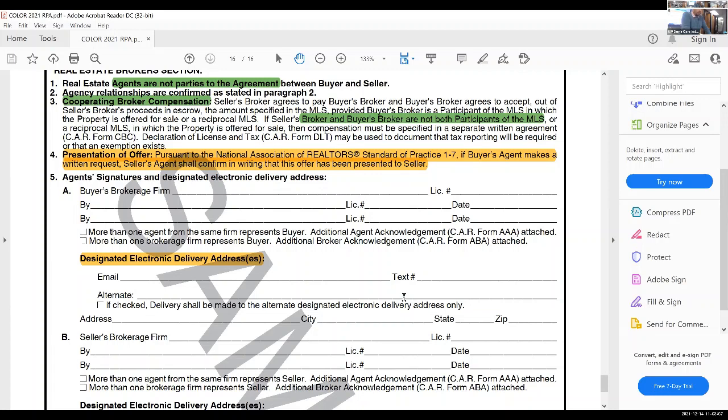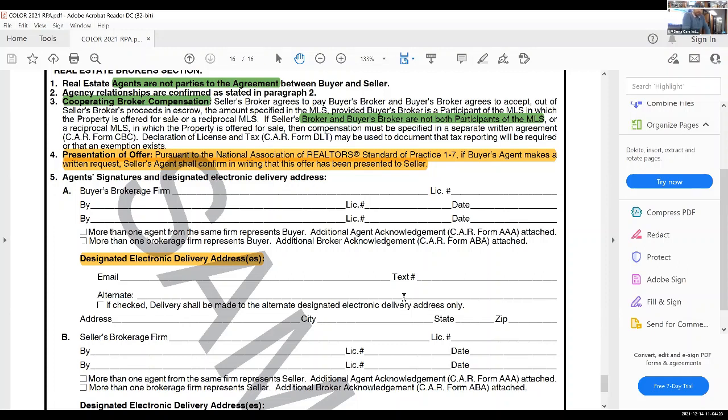All right, cooperating broker compensation. We all need to know how we're getting paid, right? Seller's broker agrees to pay buyer's broker, and buyer's broker agrees to accept out of the seller's broker proceeds in escrow the amount specified in the MLS, provided buyer's broker is a participant of the MLS in which the property is offered for sale or a reciprocal MLS.